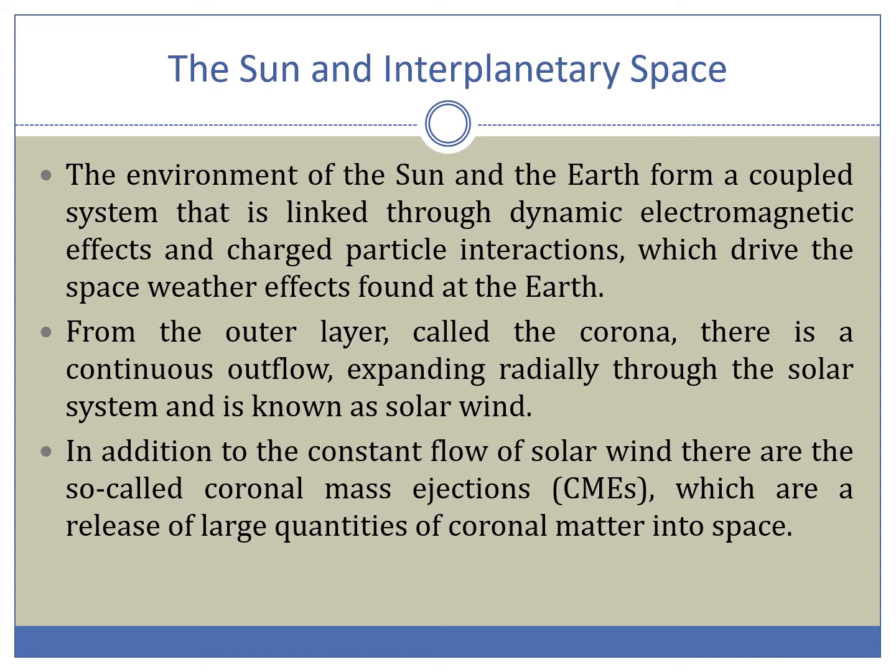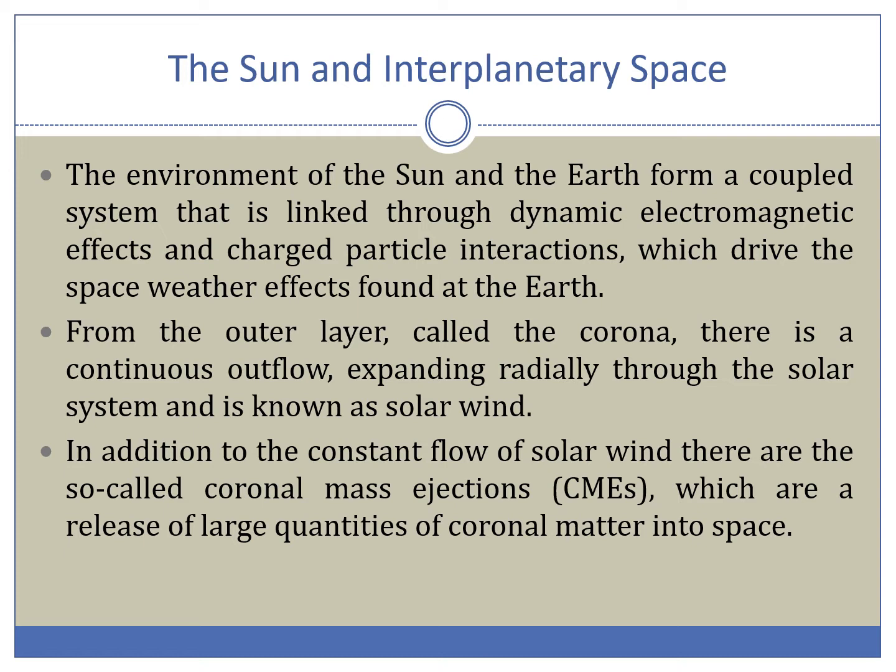The Sun is a nearly perfect spherical ball of hot plasma, composed primarily of hydrogen and helium, with trace amounts of heavier elements such as oxygen, carbon, and iron. The Sun is divided into several layers separated by their density and temperature. From the outer layer called the corona, there is a continuous outflow expanding radially through the solar system.